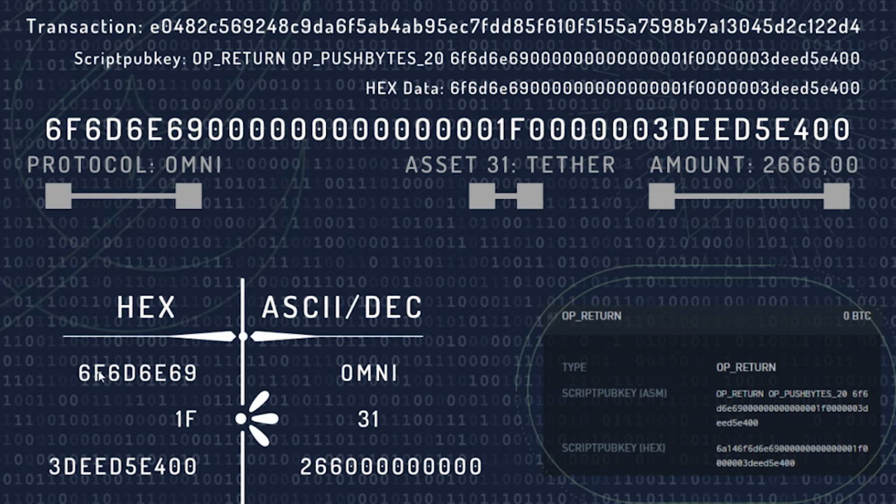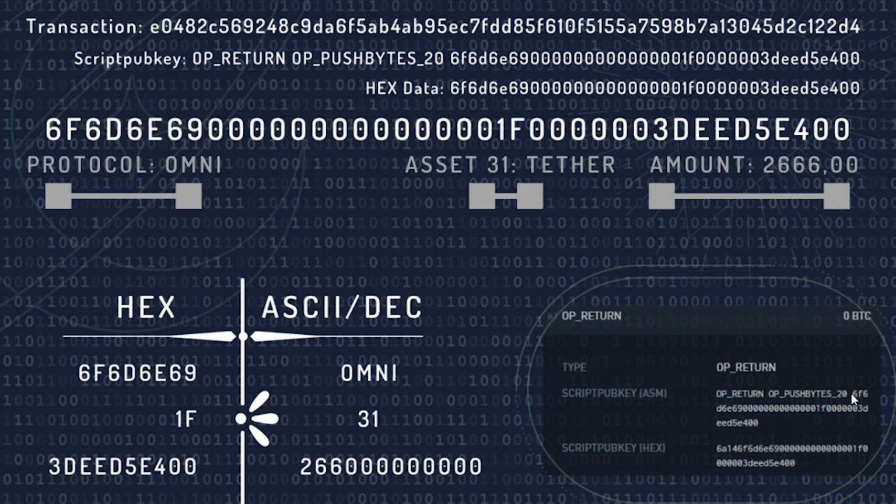Okay, let's decode it. If we take this beginning, 6F, 6D, 6E, 69, it decodes in ASCII as Omni.